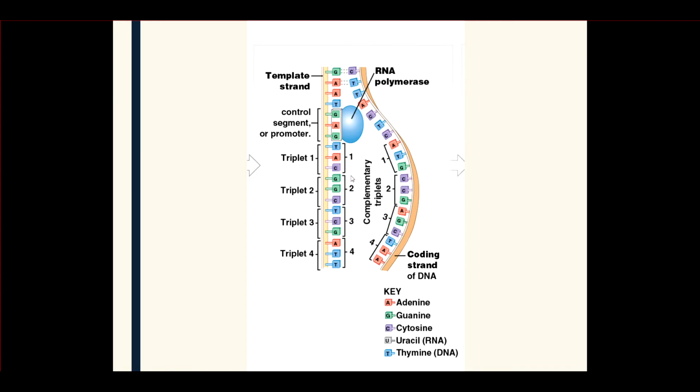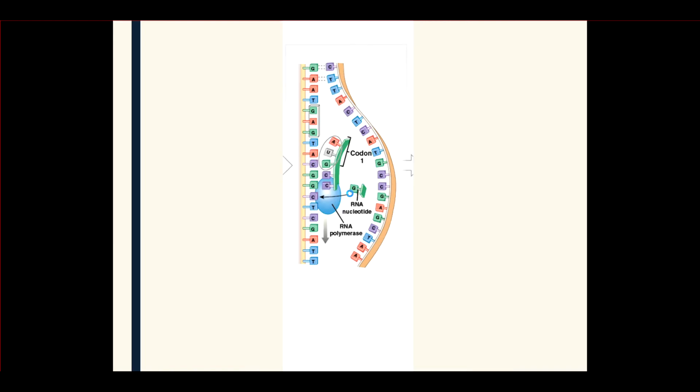On the RNA strand, G goes with C, G goes with C, C goes with G, right? So the next part of the messenger RNA should read C, C, G. Let's see if that's the case. Notice, here's the second triplet, G, G, C. So you can see the RNA polymerase is base pairing.